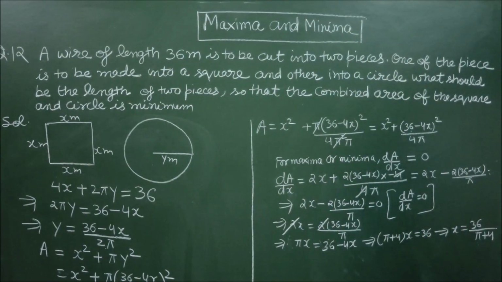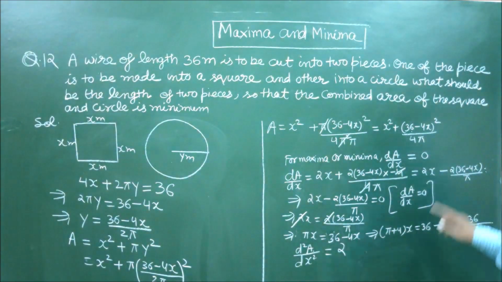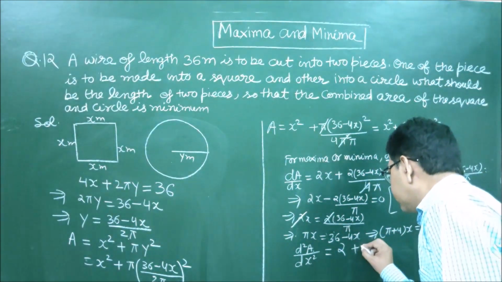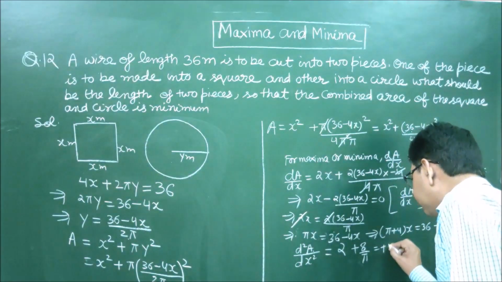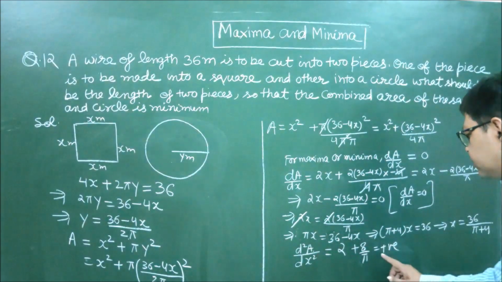So we have got the value of x. Now let us find the second derivative. Derivative of 2x is equal to 2, minus 72 upon pi gives 0, and plus 8 upon pi into x gives plus 8 upon pi. So this is a positive quantity. So for this value of x, this derivative is positive.